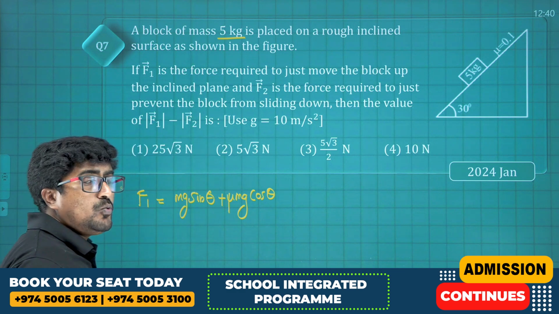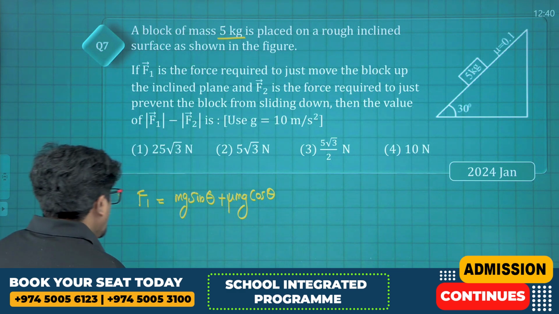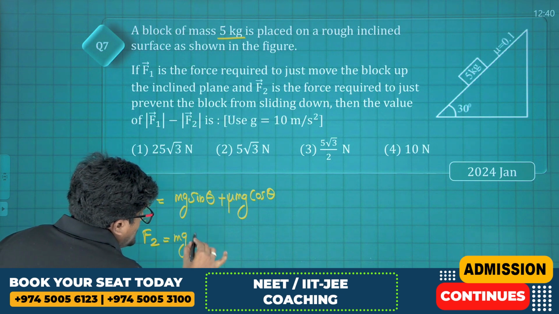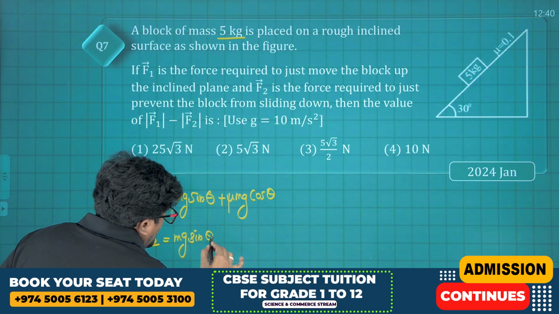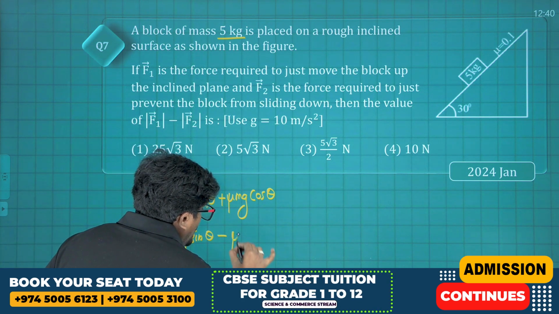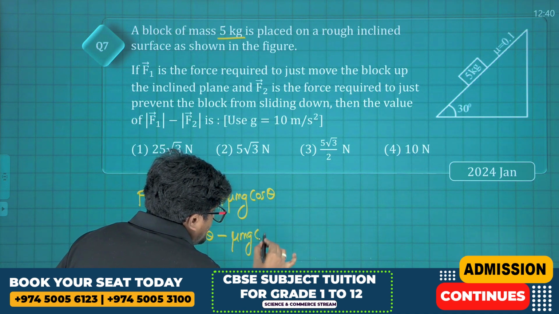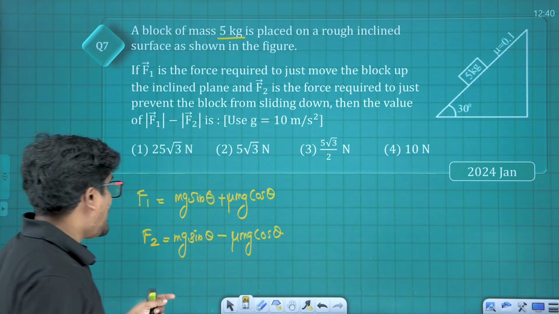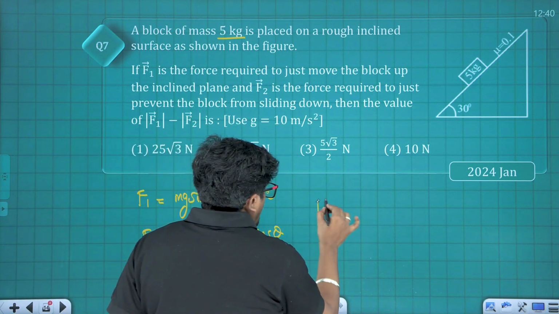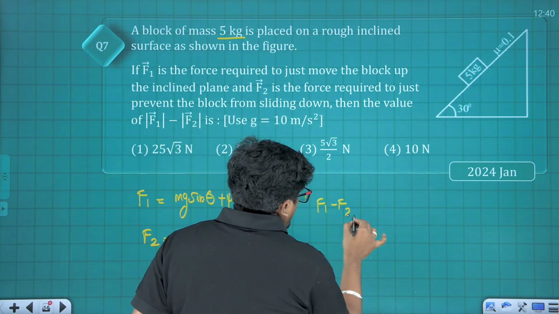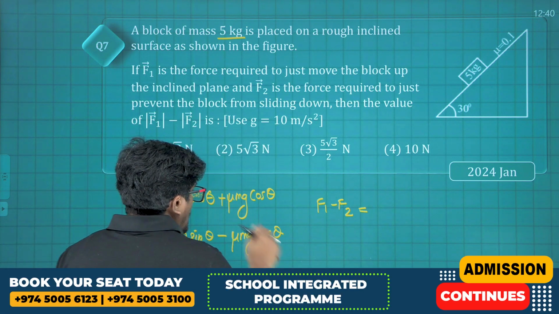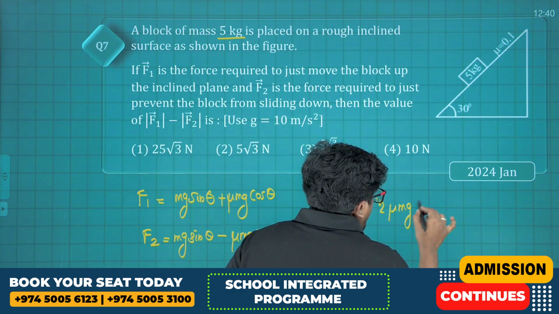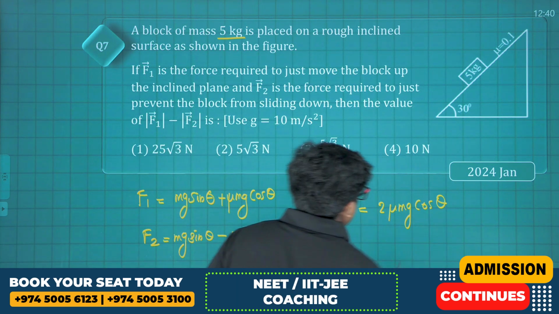And once we want to prevent it from sliding down, then the force we require, F2, is mg sine theta minus mu mg cos of theta. We need F1 minus F2, which is supposed to be 2 times mu mg cos of theta.